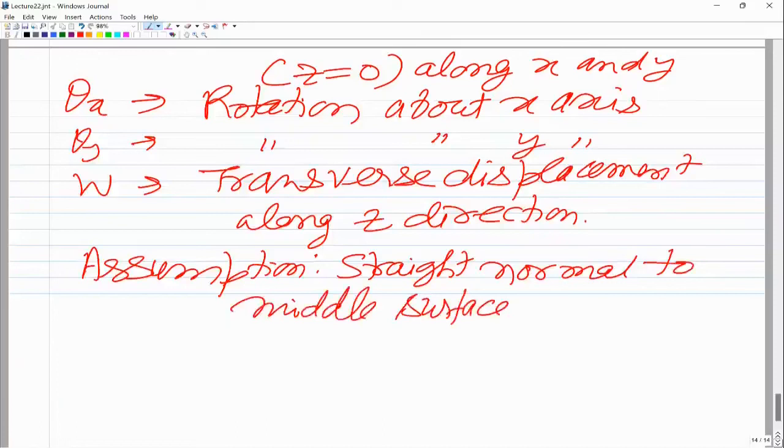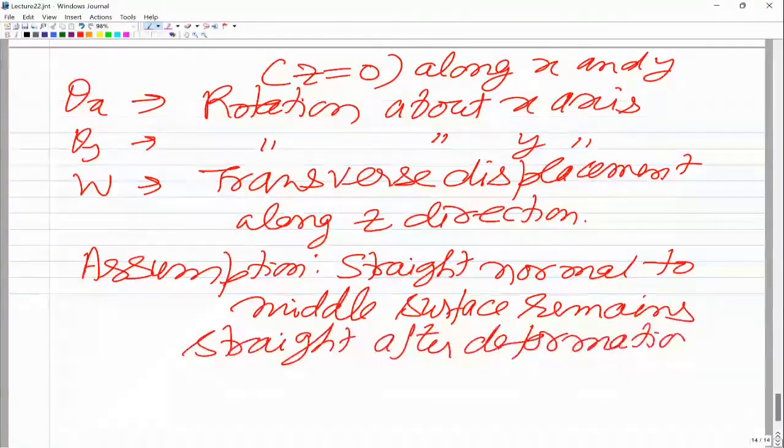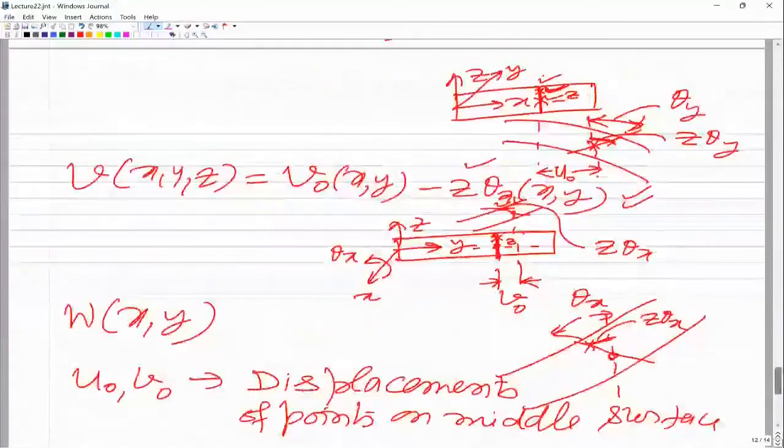remains straight after deformation. So we are taking note that this straight normal remains a straight line.